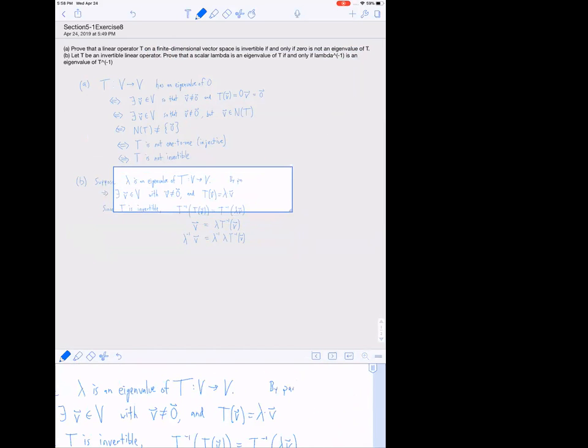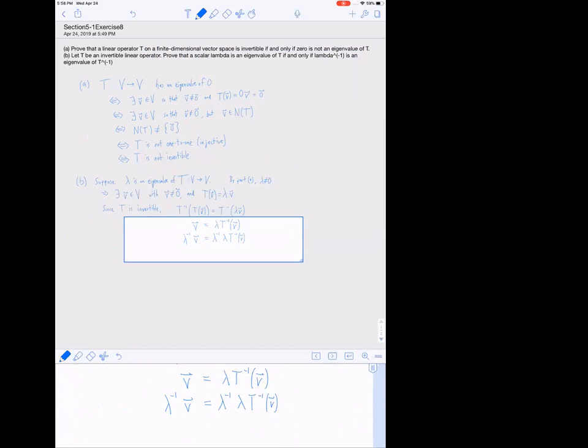By part A, lambda is not equal to 0. Therefore, this step is justified, and we can say that lambda inverse times lambda is the multiplicative identity in the field, namely 1. So T inverse applied to v is just v, but scaled by, instead of lambda, the reciprocal of lambda, the multiplicative inverse of lambda.